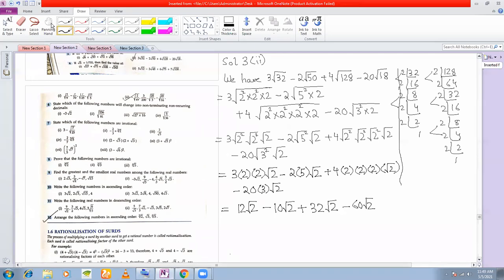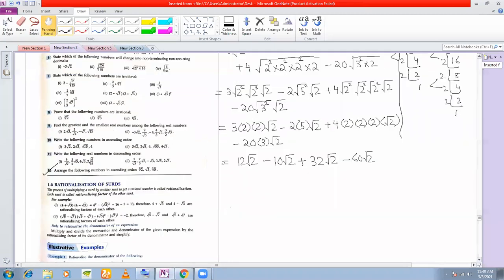Okay. So how do we add these? This is like adding 12x minus 10x plus 32x minus 60x, isn't it? How do we add? First, we add up the plus signs, right? How many plus signs are there? You see 12 root 2 and 32 root 2. You take the plus signs and the minus signs together.